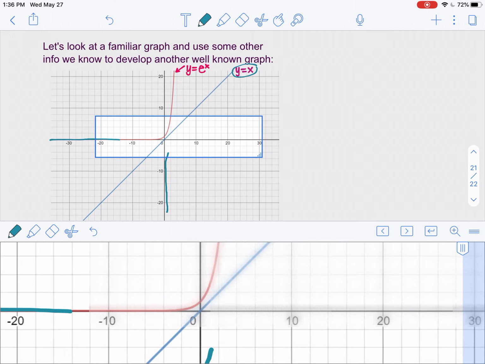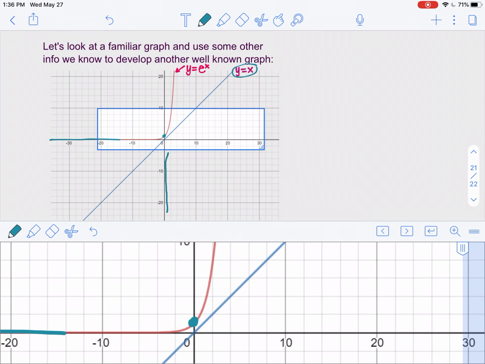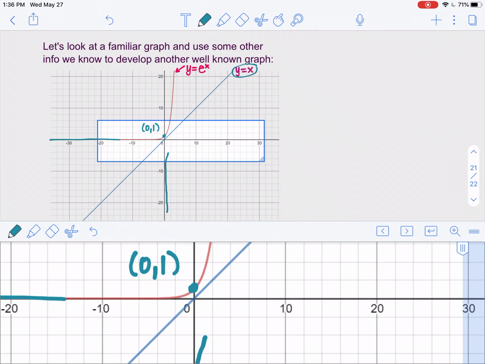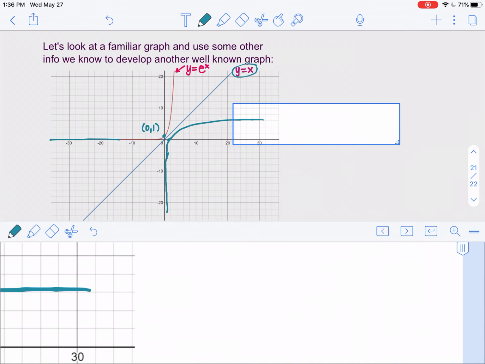If I look at important points like this point on the e to the x graph, (0, 1), when I reflect it or flip-flop places, that's going to become (1, 0). So the graph is going to come up and go through that. This is now an x-intercept for my graph. And then I just need it to mirror, so it's going to be something like this. This graph that I've drawn in teal is the natural log of x graph.